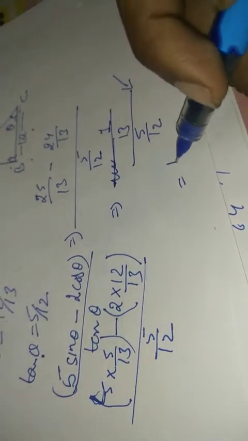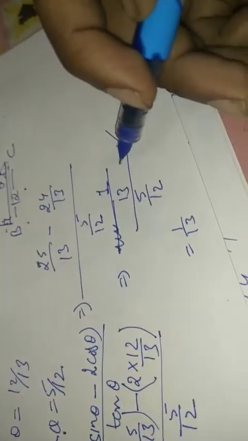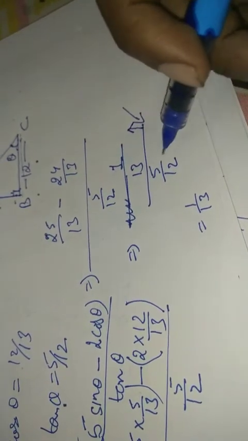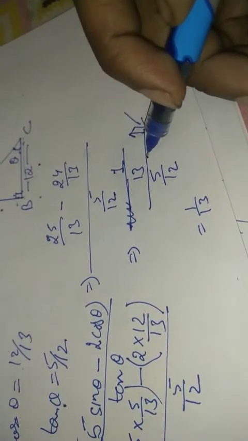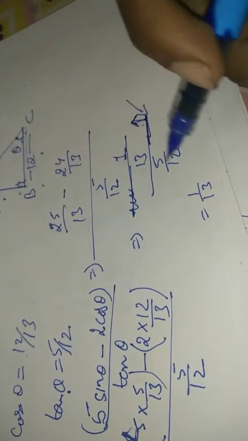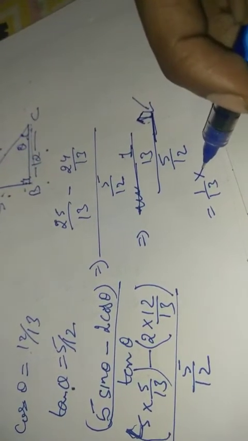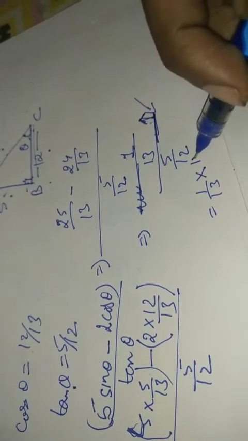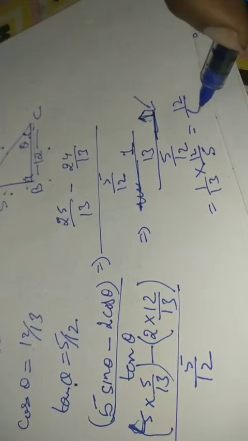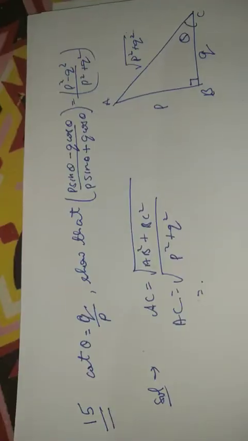See, this is the main division line, that is what I keep on telling you every time. Whenever we have a fraction involved with another fraction, whatever is written above the main division line will be copied down as it is, multiplied by the reciprocal of the thing written below it. So it will be 12 upon 5. Just multiply them, so it will be 12 upon 65.